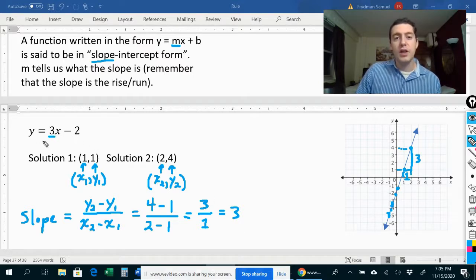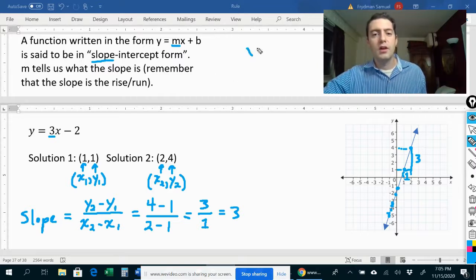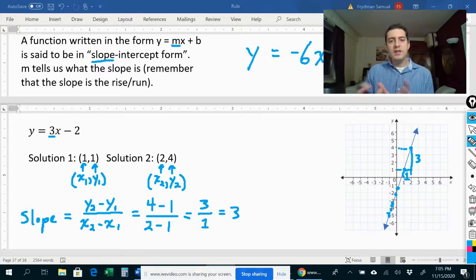And not just for this equation, it could be a different equation. So I could have another equation, which is y equals negative 6x plus 47. Okay, if you did that same thing and you picked any 2 solutions that you wanted to, and then you subtracted the y values and you subtracted the x values and you divided, would that always really give you this number here, which is written next to x?